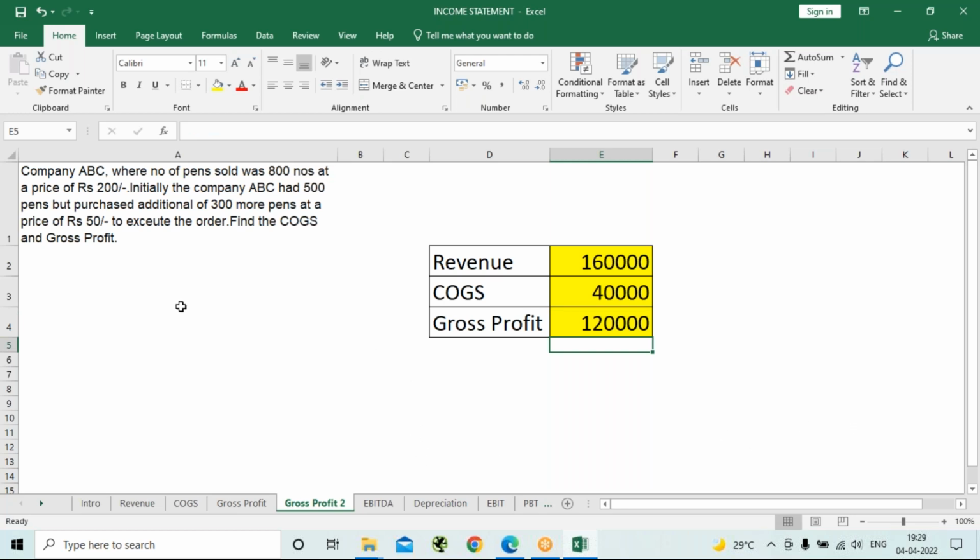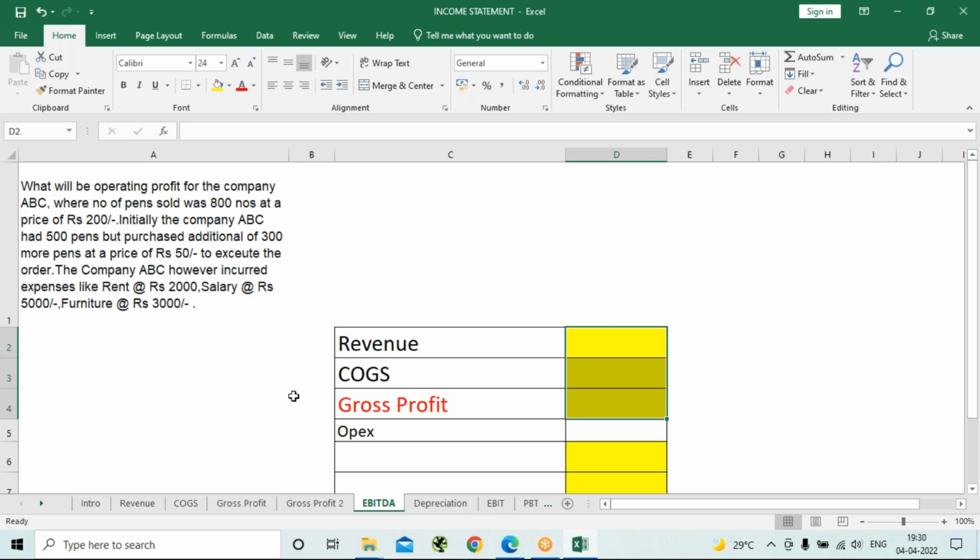So whatever sequence of transactions you are going to see, it is connected from one event to another event. So I'm going to the EBITDA calculations. Whatever the value is over here, it is equal to this. You can see it is a continuation of the transaction. There I had sales of 800 into 200, then there was an opening balance of 500 pens plus 300 pens that were purchased.